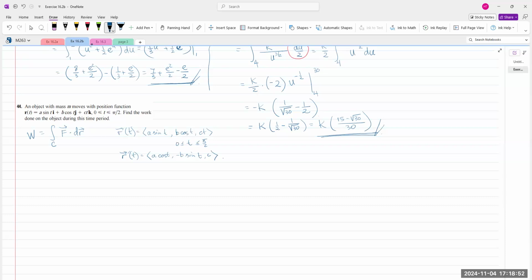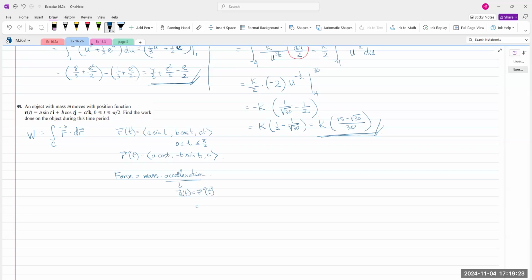But how about the force field? The force field, hold on. The force equals the mass times acceleration, huh? Okay, so the acceleration here is a(t), which is r double prime.